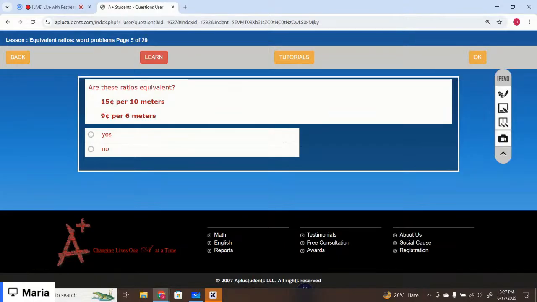Are these ratios equivalent? 15 cents per meter and 9 cents per liter.